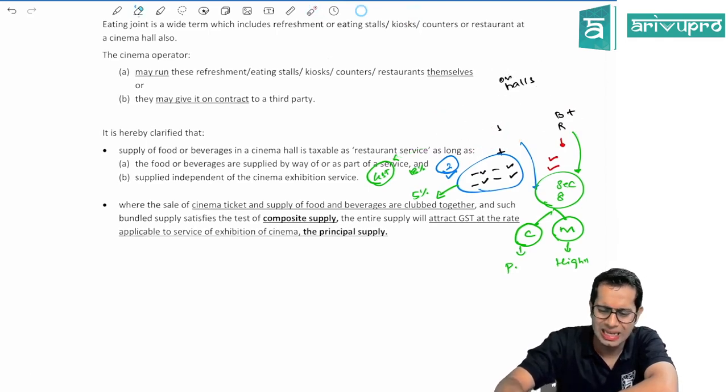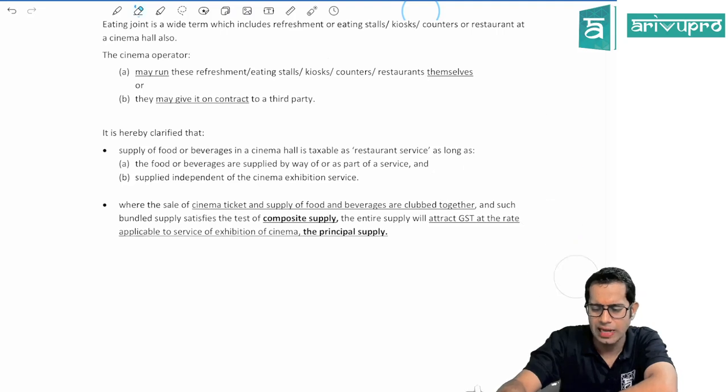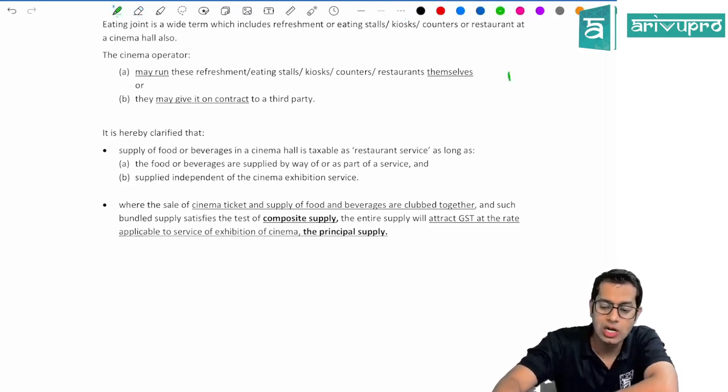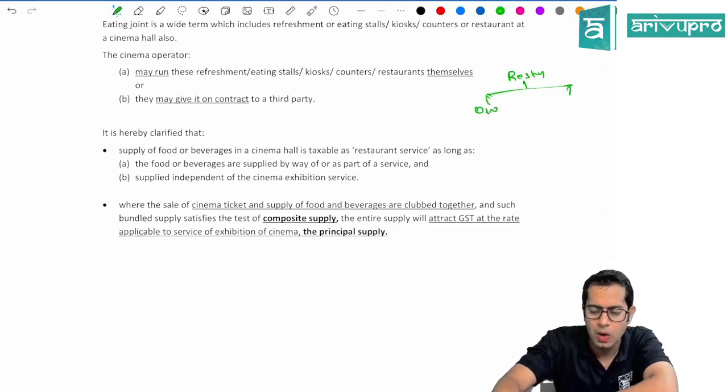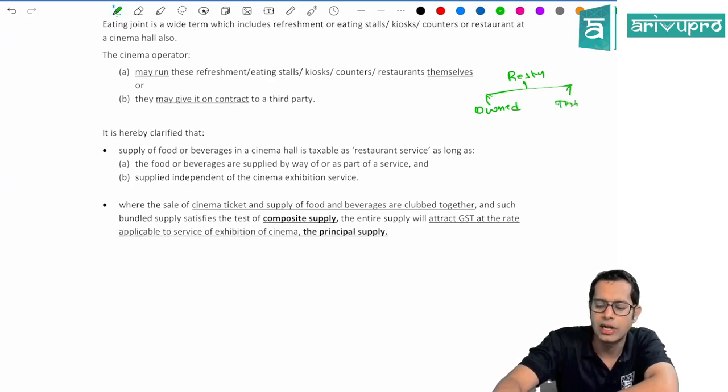Now again, here there may be different categories. What are the different categories over here? The restaurant which is run in the cinema halls can either be owned by the cinema hall, or these restaurants can be owned by some third party. For example, I am going and watching a movie at PVR.